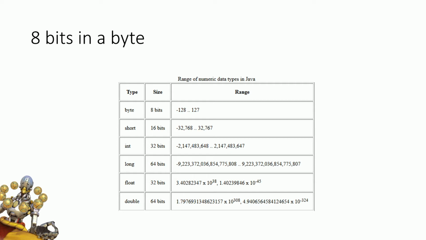Well, those are the same thing. It's just two ways of referring to the same thing. There are always 8 bits in a byte. If you ever see so many bits, divide that number by 8, and that's how many bytes something will have.